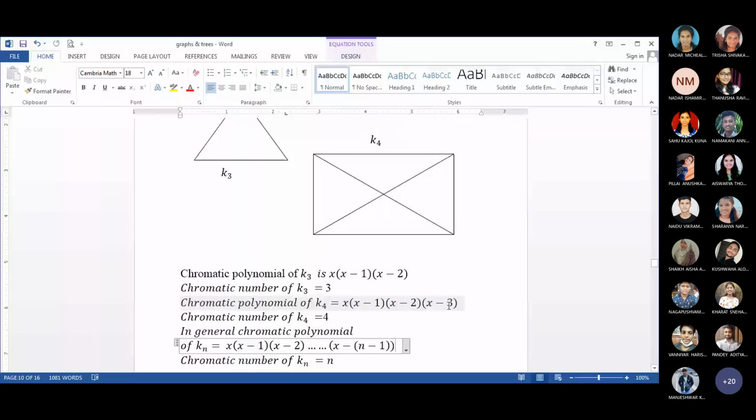So what is this 3? 3 is 4 minus 1. Okay, sir. That is the reason that in the generalization, when we write it for Kn, the last term will be x minus (n minus 1). Fine. Yes, sir. Okay.